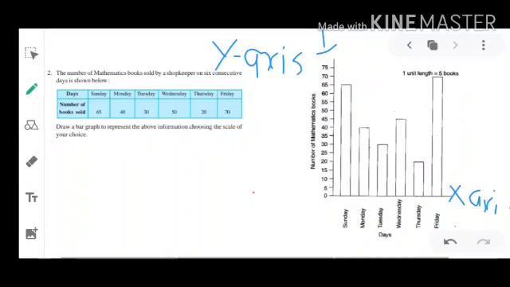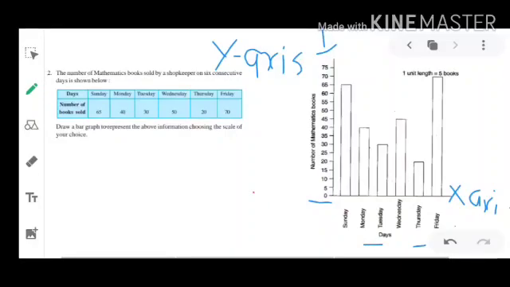And you know that on the x-axis we have to give basic information, like which kind of information we are going to give on this. So this information is about days, and on the y-axis we are going to show the number of books sold by the shopkeeper, like 65, 40, 30, 50, 20. Start with 0. You always start with 0, because the numbers start with 0, like whole numbers.